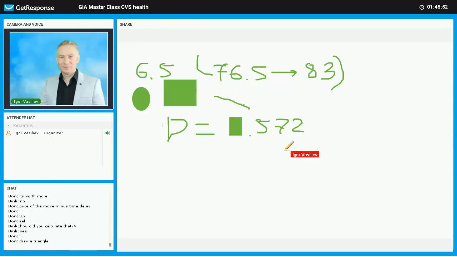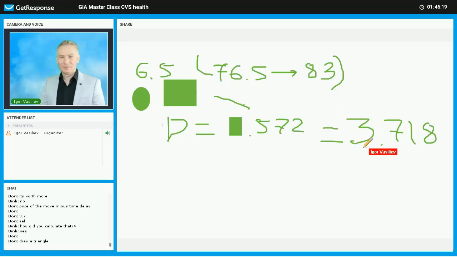So what we do, we multiply 6.5 by 0.572. So how much do we get? We get 3.718, something like that. So it means that if the share price goes up by $6.5, the value of the option will go up by $3.71.